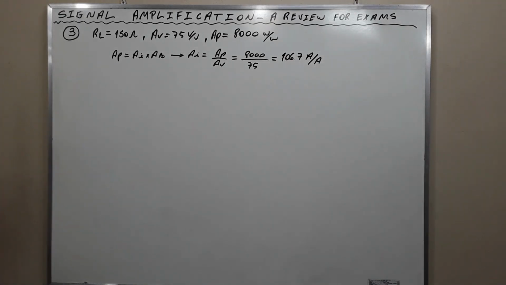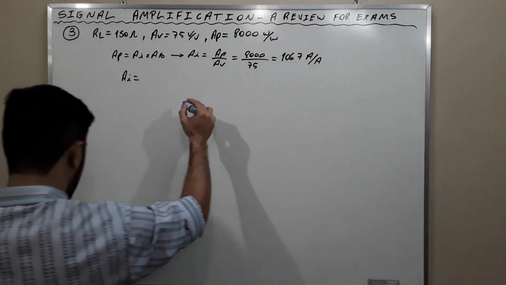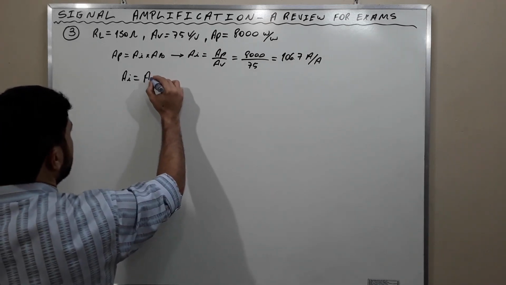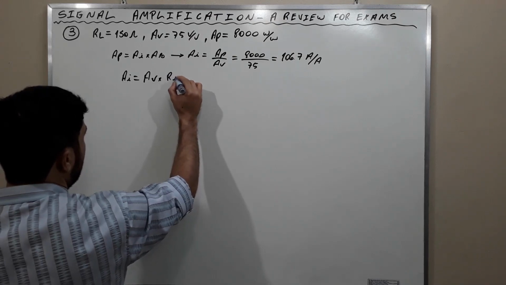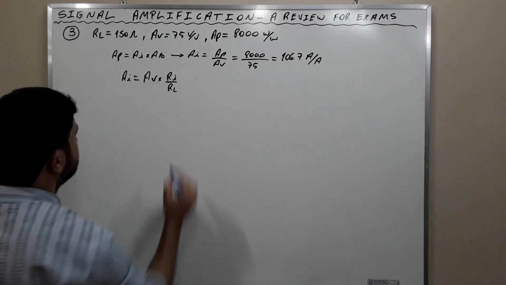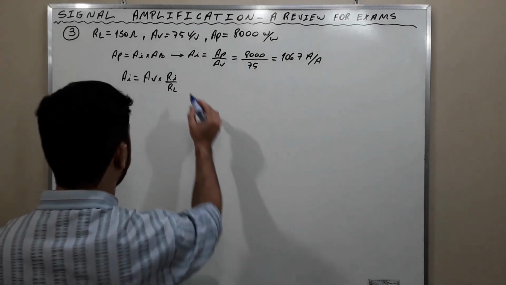In the previous exercise, we demonstrated that AI is equal to AV times the ratio between RI and RL. Hence, to calculate RI, we use the expression in this manner, okay?